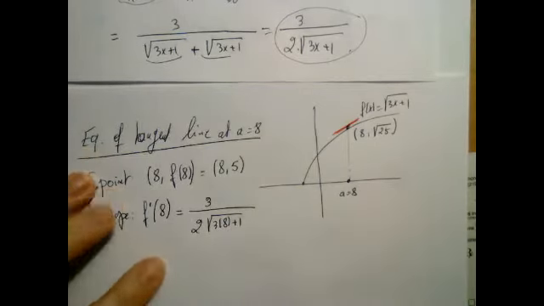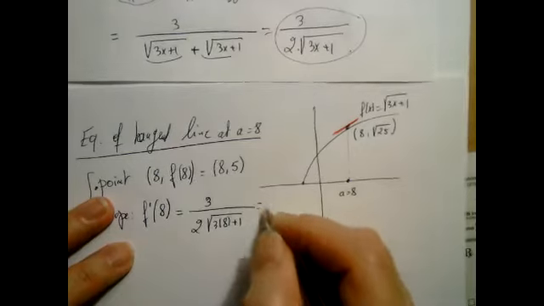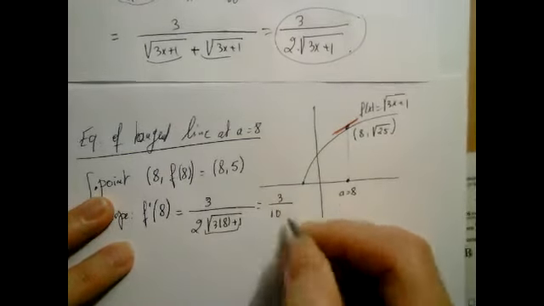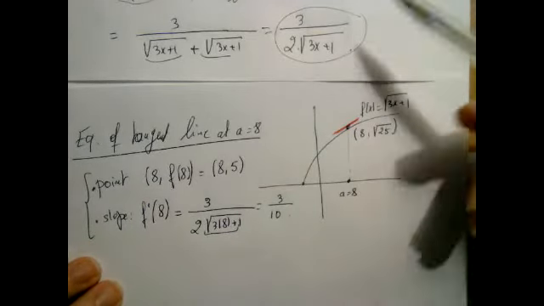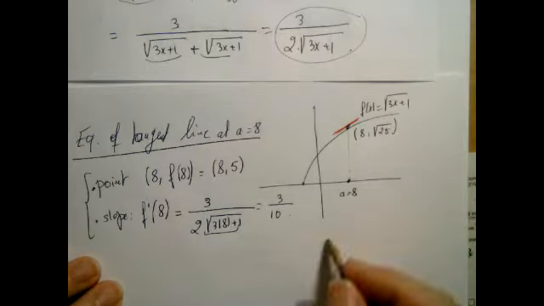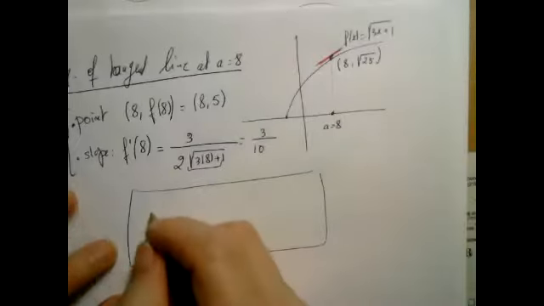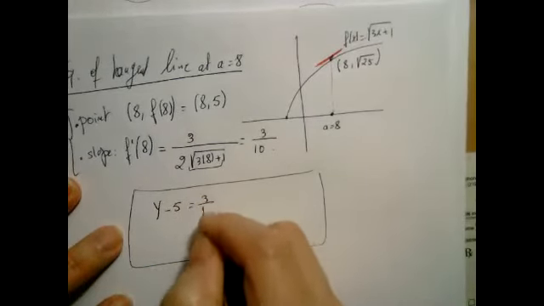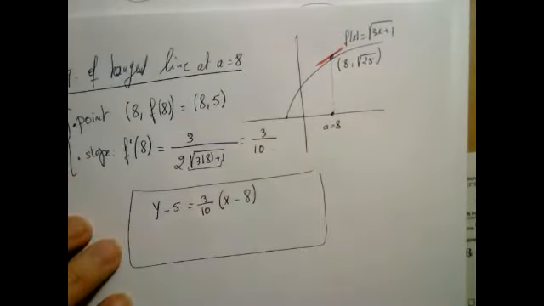I don't have to repeat the process now because I have a general formula for every point, which is 3 over, that's 5, 3 over 10. And now we're done. Once we have this, the problem simplifies. So now the equation becomes the following: y minus 5 equals 3 over 10 times x minus 8.